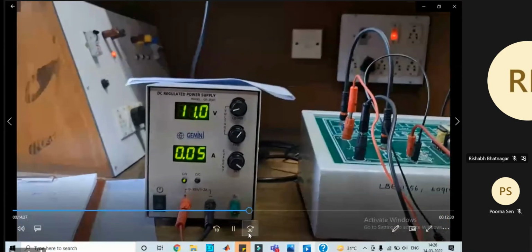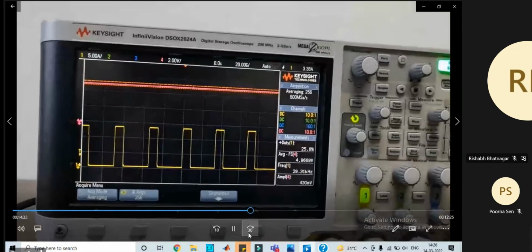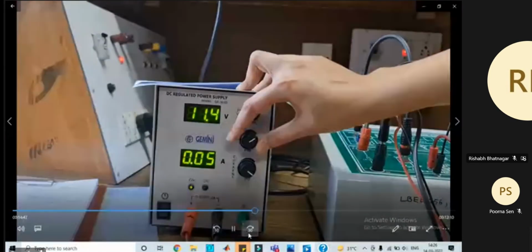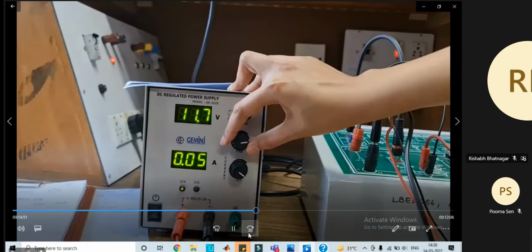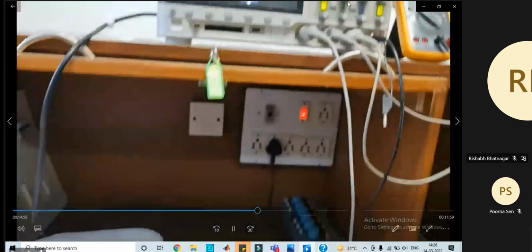Input voltage 11 volts. Duty ratio 25.8%. Output voltage 4.967. Input voltage 12 volts. Duty ratio 23.6%. Output voltage 4.971.